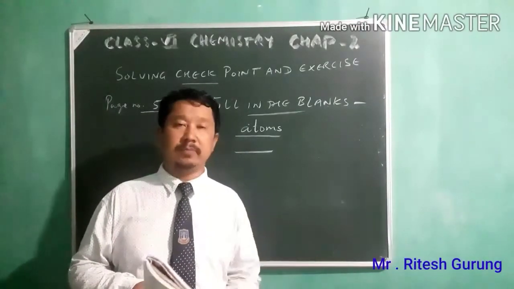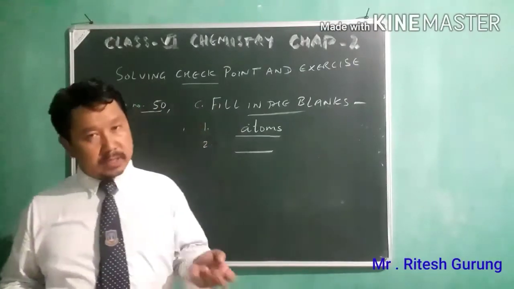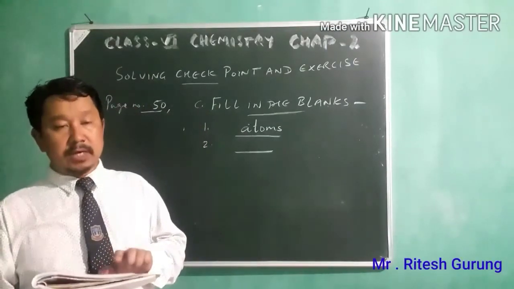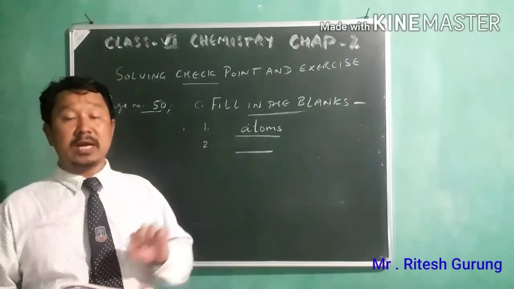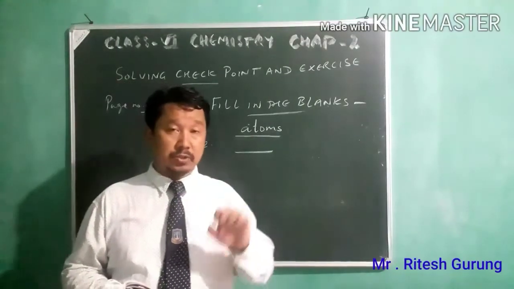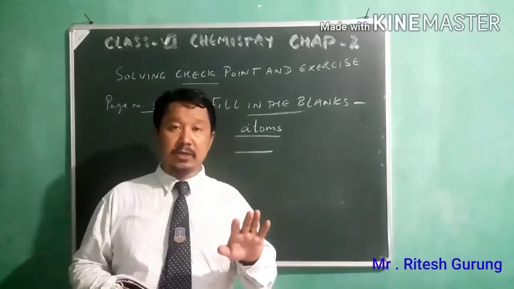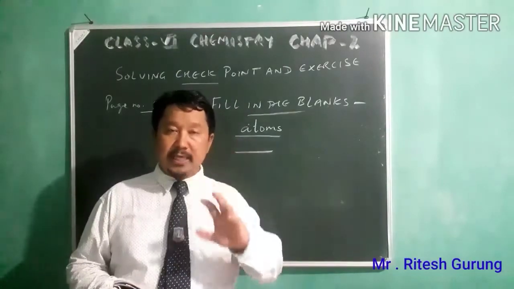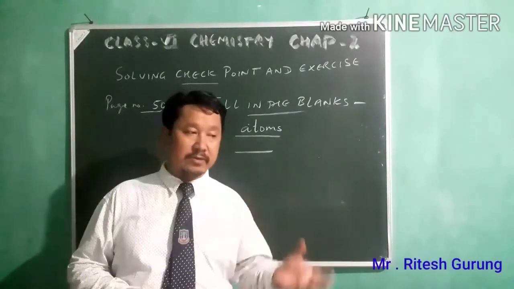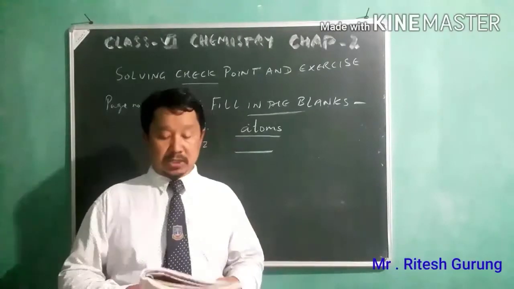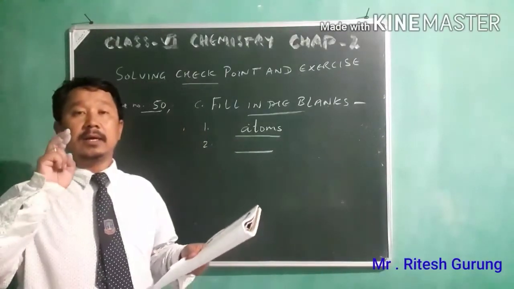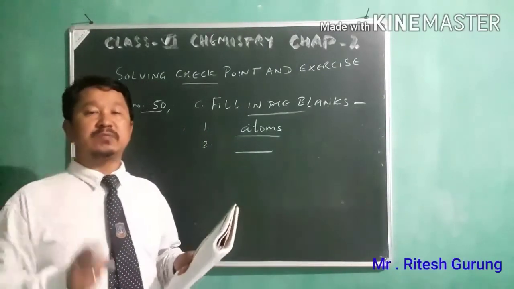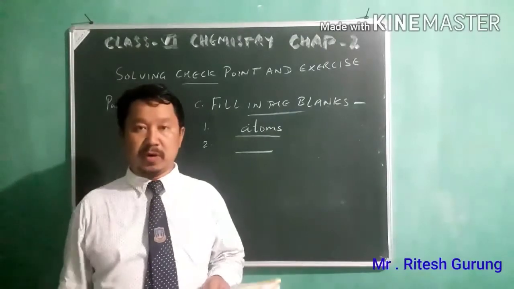It may be a molecule of an element or a molecule of a compound. So here the molecule of nitrogen is an element. Just get the idea now: any gaseous element, it may be nitrogen, hydrogen, or oxygen, its molecule is formed of 2 atoms.